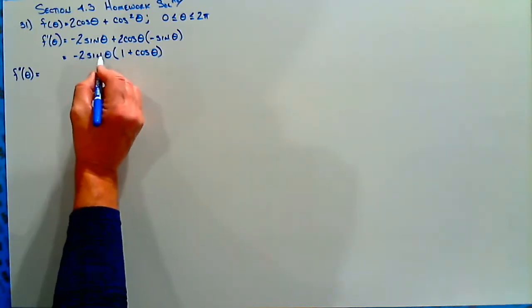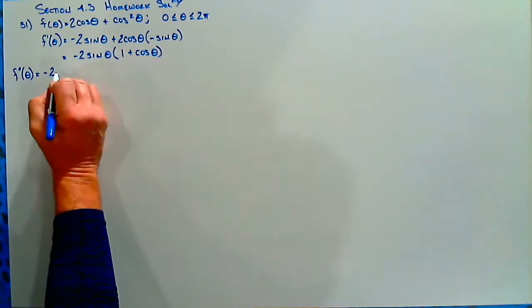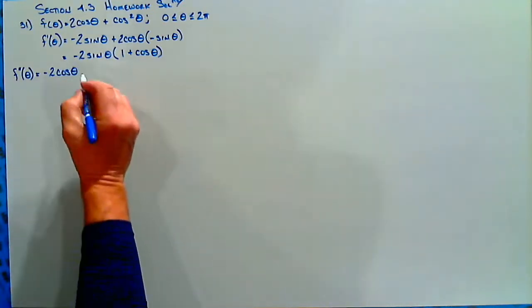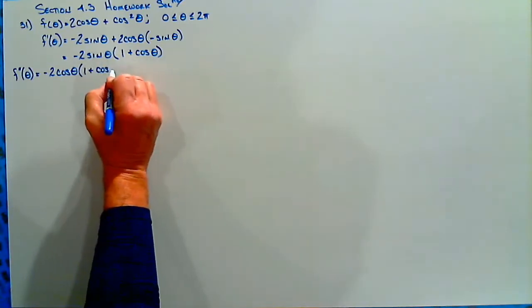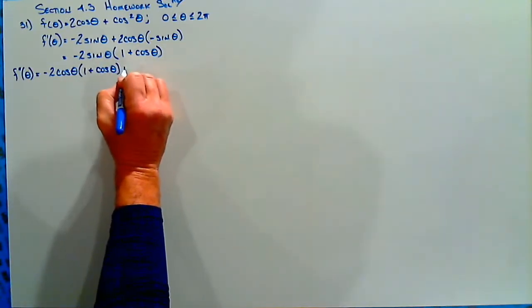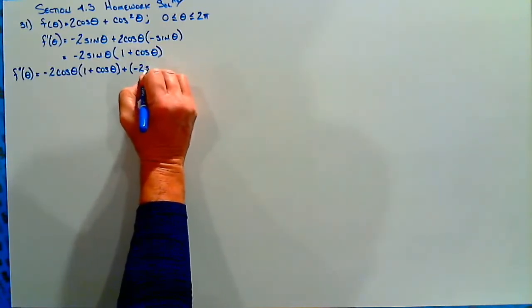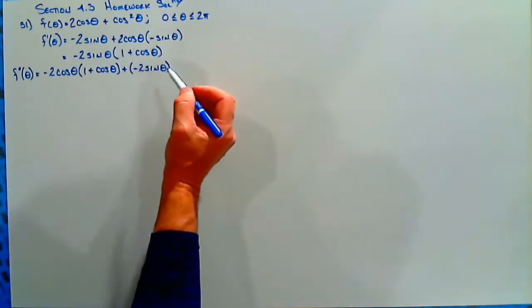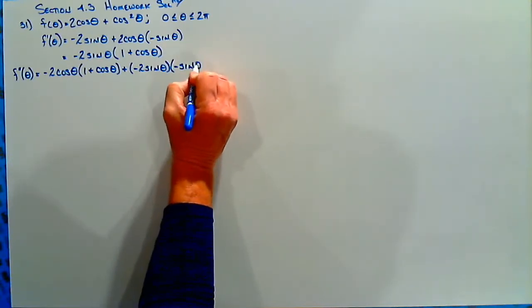So it's the derivative of f, so we have negative 2, that's our constant, times the derivative of sine, which is cosine of theta, times g, so that's 1 plus cosine theta. Now plus f, which turns out to be negative 2 sine theta, times the derivative of g. The derivative of g, the derivative of 1 plus cosine theta, is going to be minus sine theta.